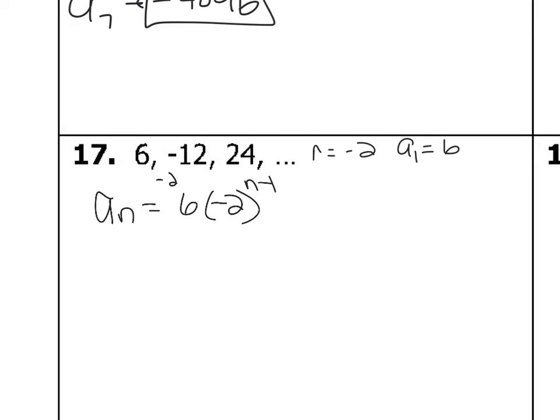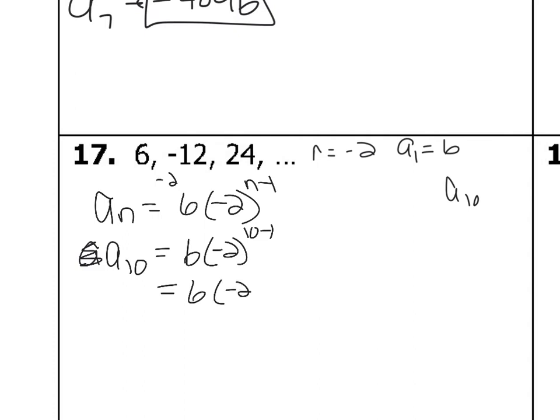All right, so term 7. Let's do this. Let's find term 10, okay? So term 10 equals 6 times -2 to the 10 minus 1, which is 6 times -2 to the 9th power.